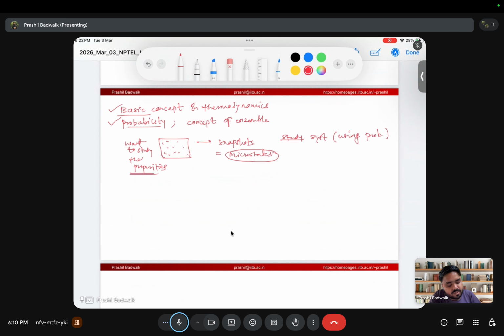So we calculate something called the likelihood of that system to be present in a particular energy state, right, W, and this W is then related to multiple free energies, depending on the system under consideration.